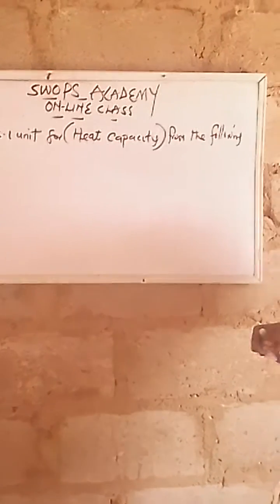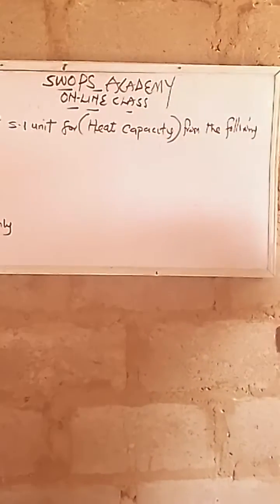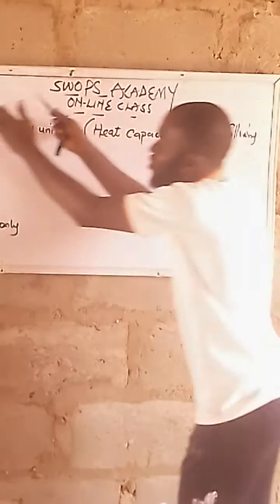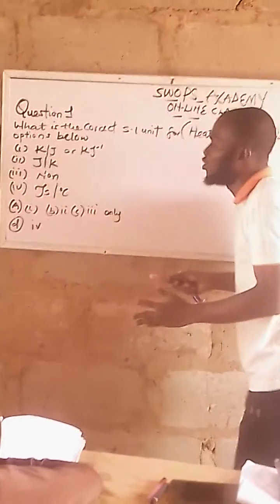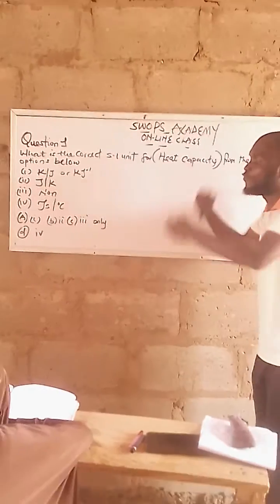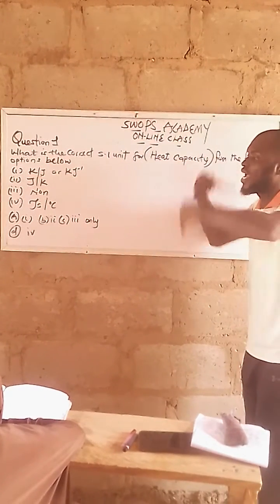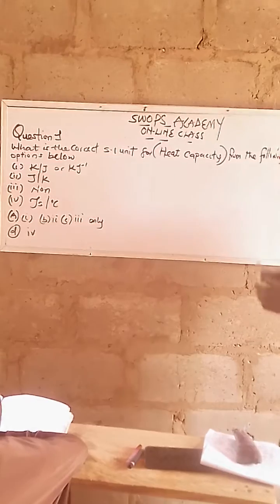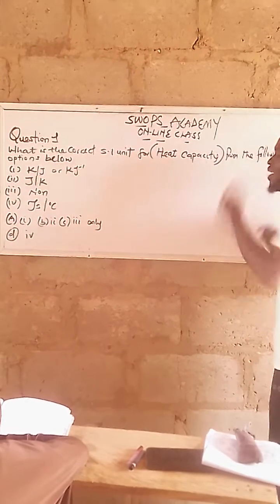Because of time, let's go straight to the question. Before we can pick any option, we have to know the formula, derive the SI unit from it, and pick the correct option.